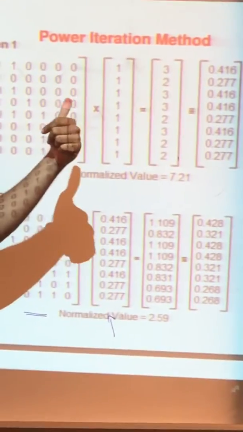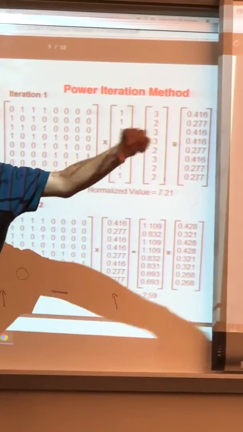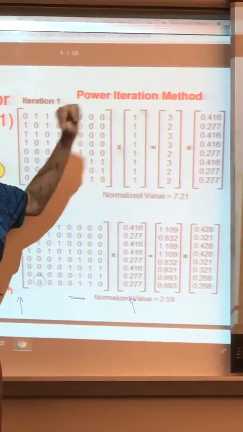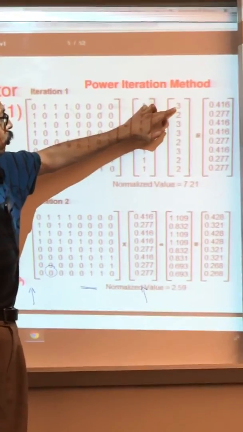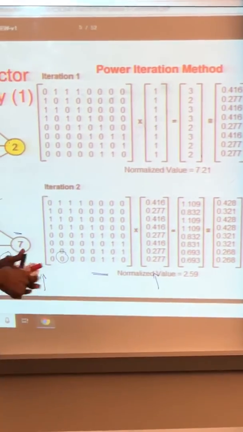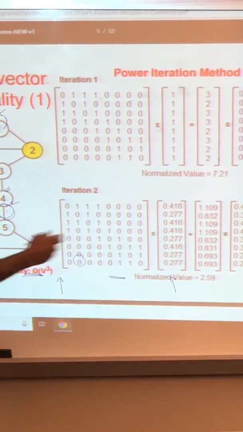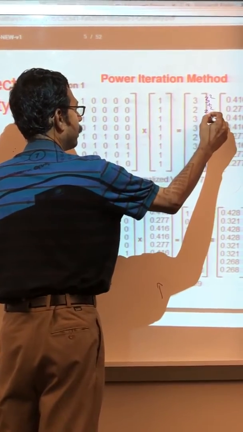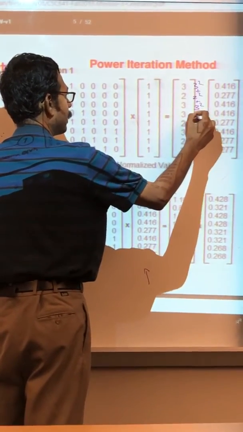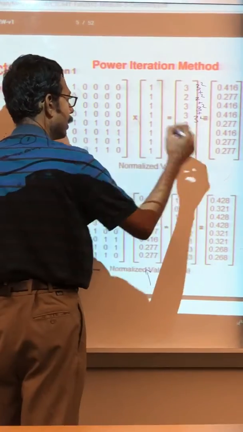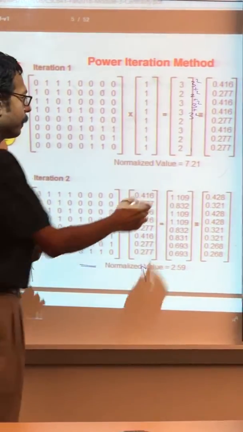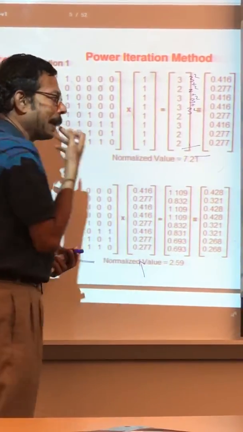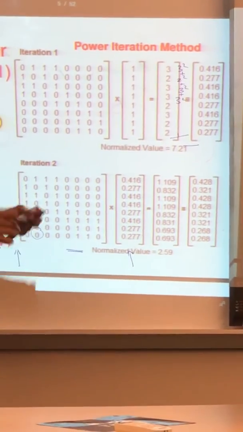So this is one way of normalization of a set of data. You will see that repeated in this course. So you square these numbers. It's like 3 square plus 2 square plus 3 square plus 3 square. So square all these numbers, sum them up, and take a square root of that sum.